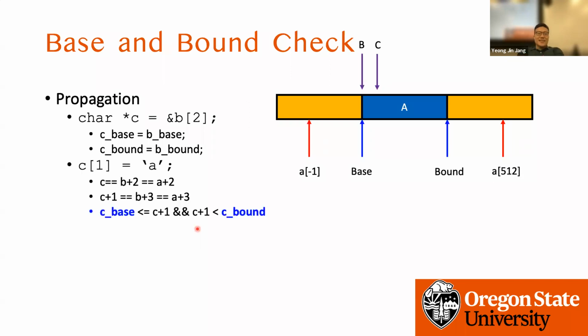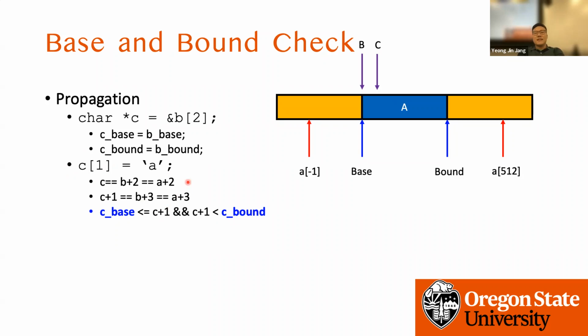Suppose we access C indexed by 1. That's actually because C is B plus 2 and A plus 2, so C plus 1 is actually B plus 3 and A plus 3, which is definitely within the base and bound.